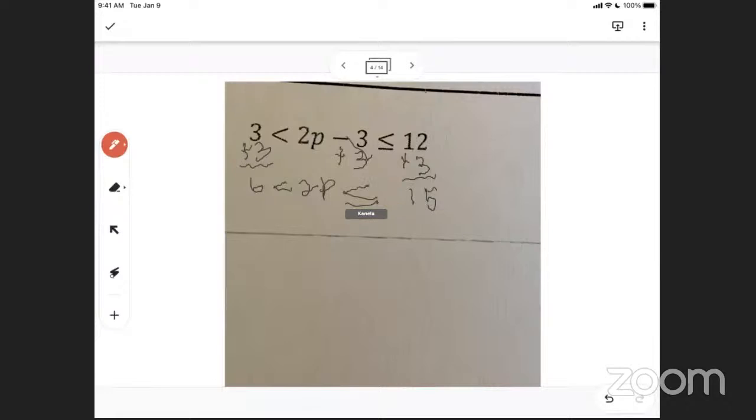Nice. Good job. Now what? Now you're going to divide by 2. Okay. And what do you get? Don't put a P. Oh, okay. Divide everything by 2. And then you can write the next inequality below that line.